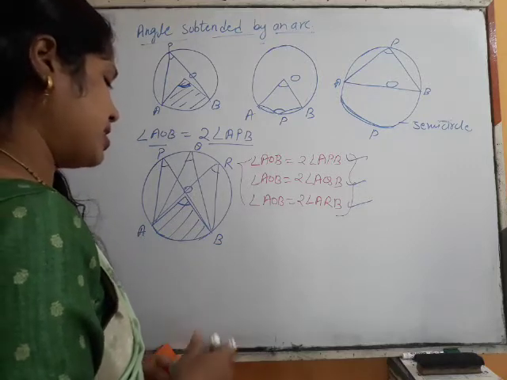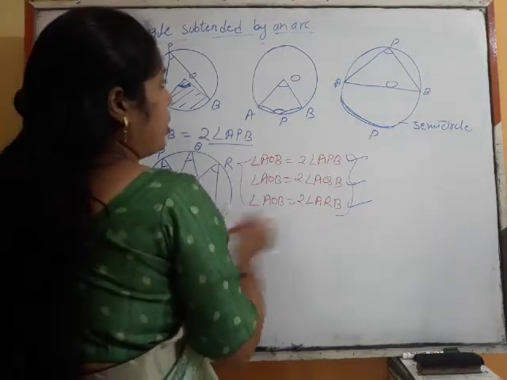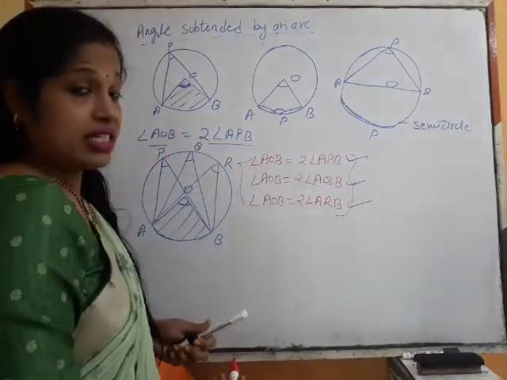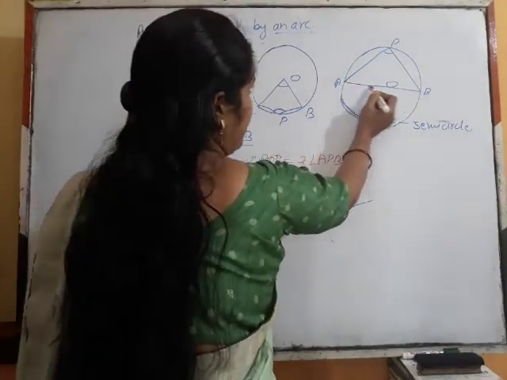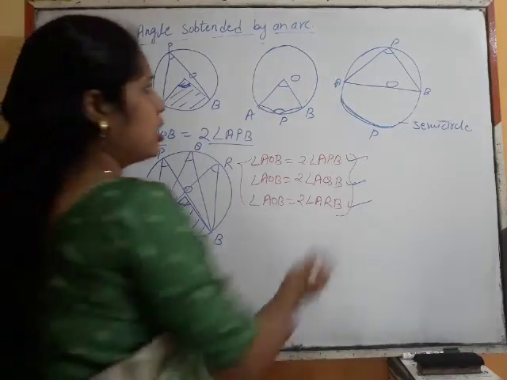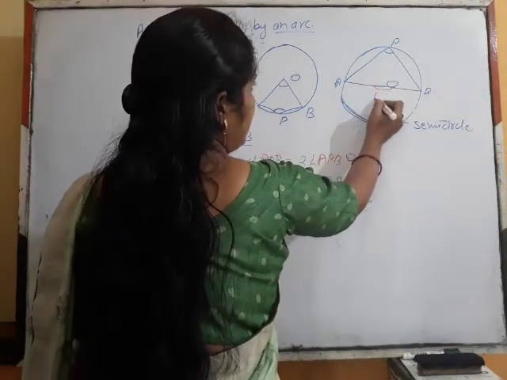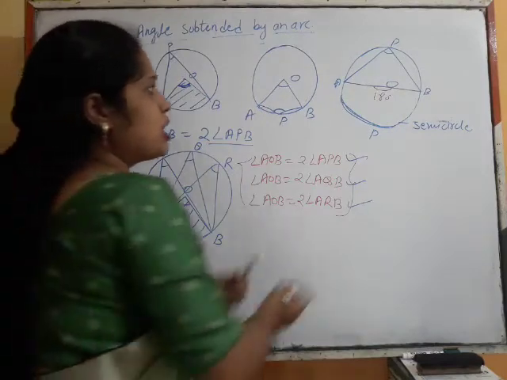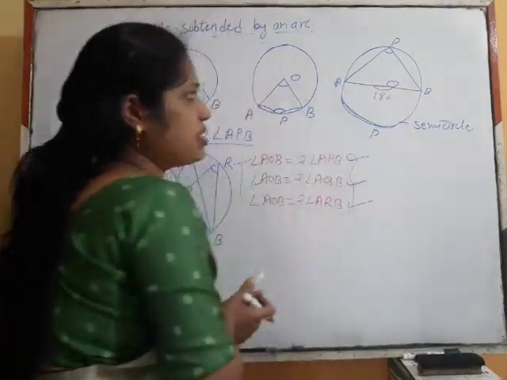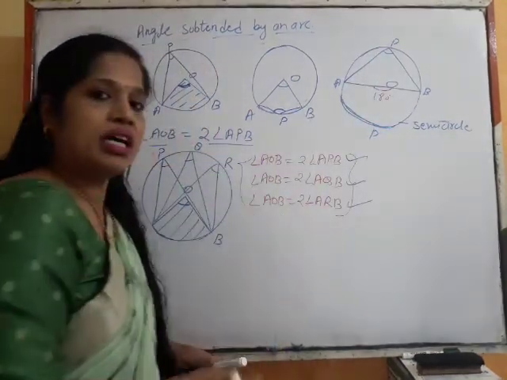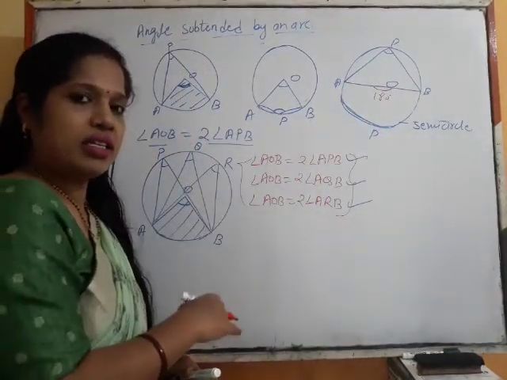Now the next thing. One more circle, the same example. Here we can take AB as the diameter. It passes through the center. So what is the angle here? This angle is 180 degrees. If this part of the semicircle is considered, the next semicircle is another sector.